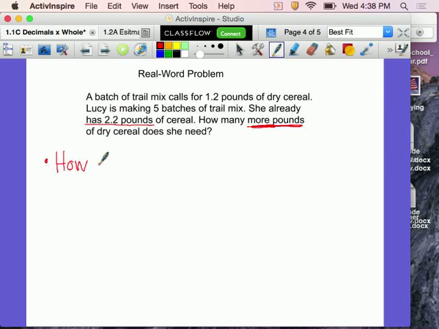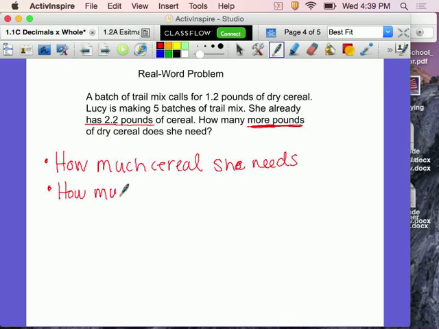So first I have to think about how much cereal she needs. So I need to know how much she needs. And then after that, I can figure out how much more she needs.